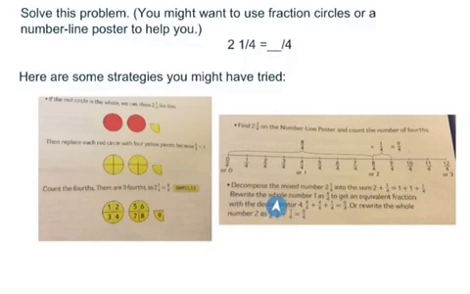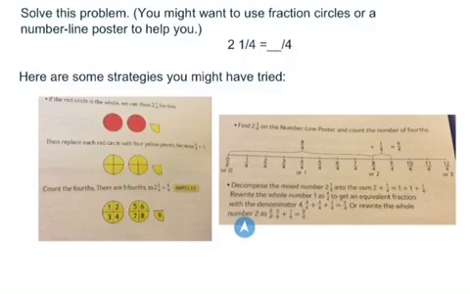I'm going to rewrite that whole number 1 as 4/4 to get an equivalent fraction with the denominator of 4. Because I have 1/4 here, that's why I know I want to go to fourths. So then I can tell myself, so 4/4 plus 4/4 plus 1/4 is equal to 9/4.